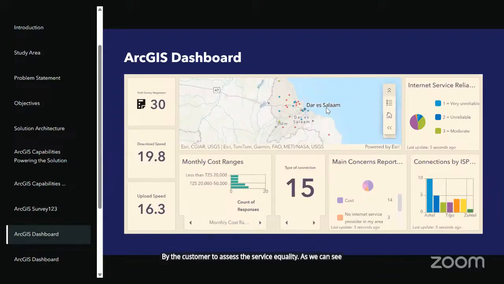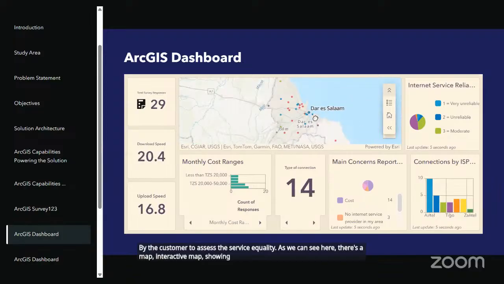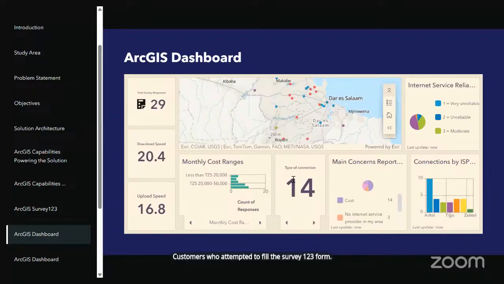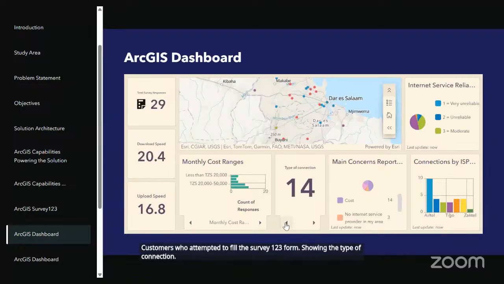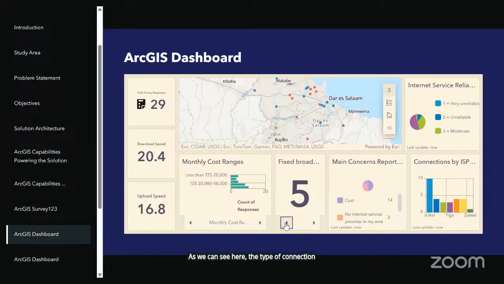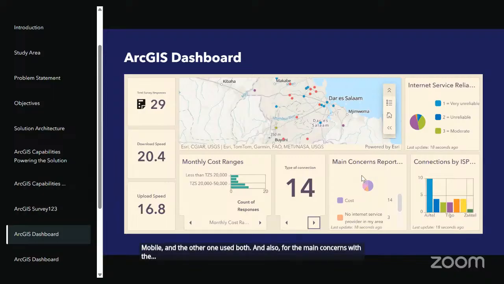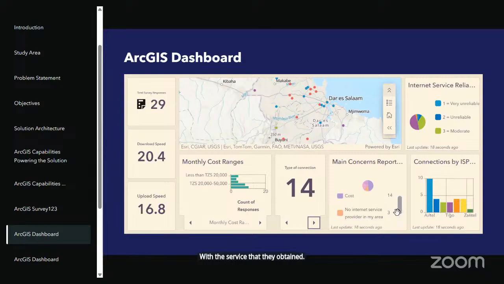As we can see here, there's an interactive map showing the locations of the customers who attempted to fill the Survey123 form, showing the type of connection. The types of connection included fixed broadband, mobile, and the other one used both. And also for the main concerns with the service they obtained, here the data of the main concerns that are faced by the customers are seen.